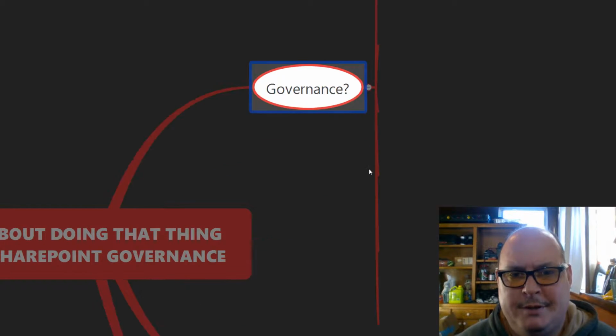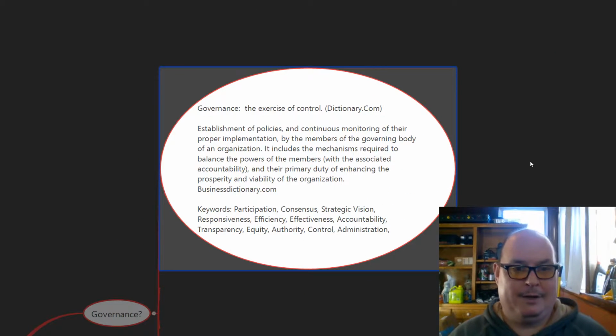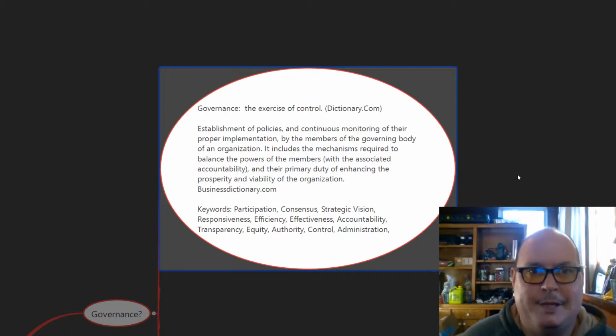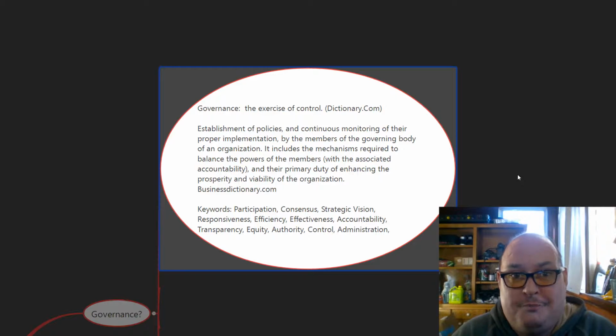So let's talk about in general terms what governance is or means. I went on the interwebs and I found a little bit of information just generally about governance. The short one I got from dictionary.com: the exercise of control, which really doesn't cover it.